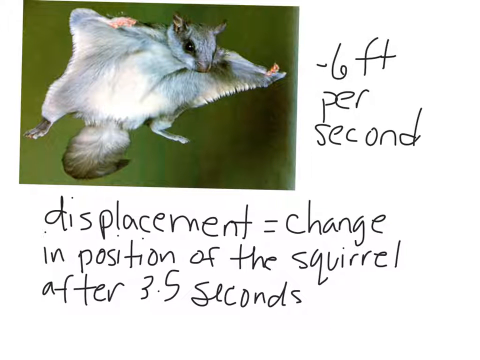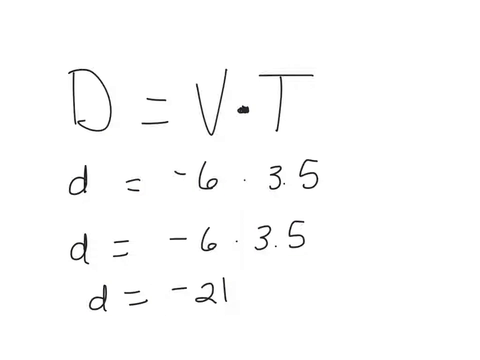Okay, so we're back to the flying squirrel. And the flying squirrel drops 6 feet per second. And so you're going to be asked to find the displacement, which is the change in position of the squirrel after 3.5 seconds. Told you we'd come back to the squirrel. Okay, so displacement, that's the D here.